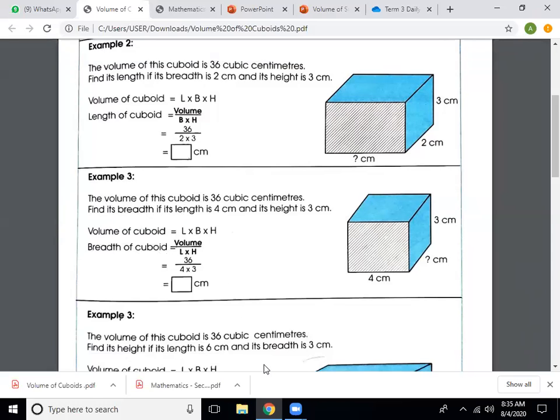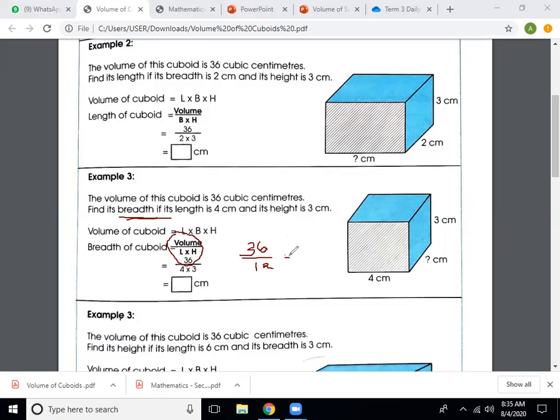But if I know what my volume is, then in order to find out breadth, it is to take the volume, which is 36, and divide it by the length and the height, which is 4 threes, which is 12.